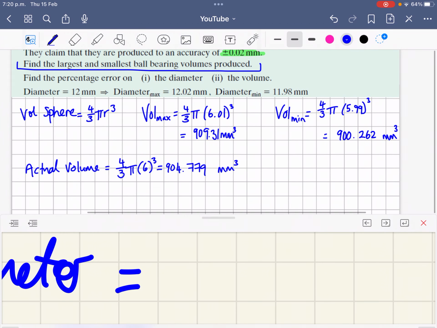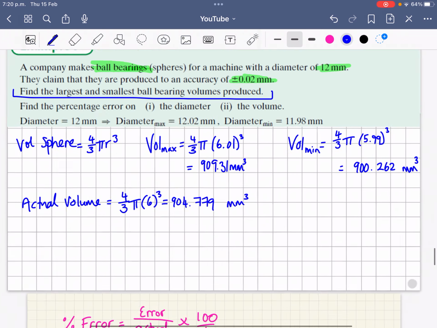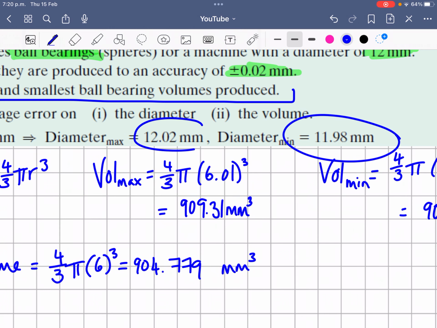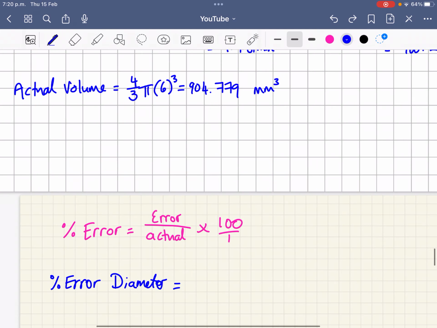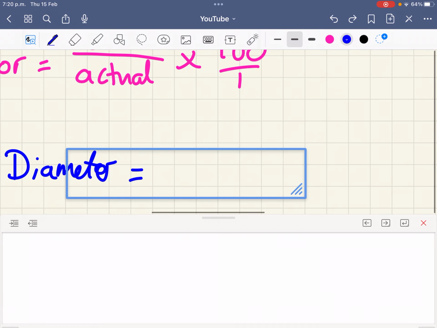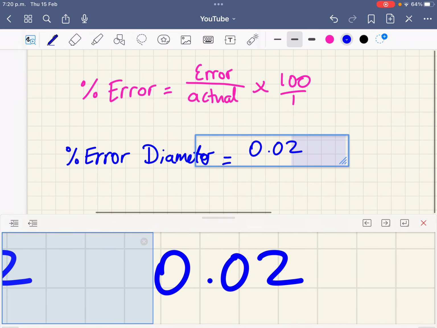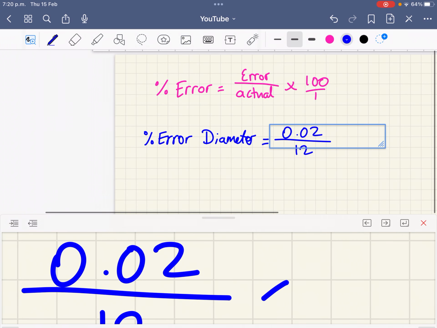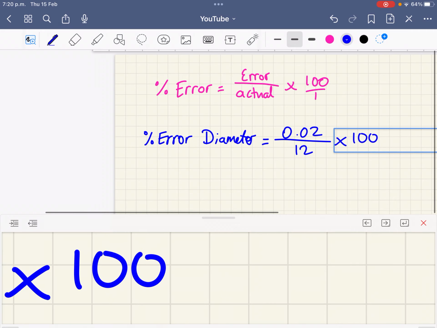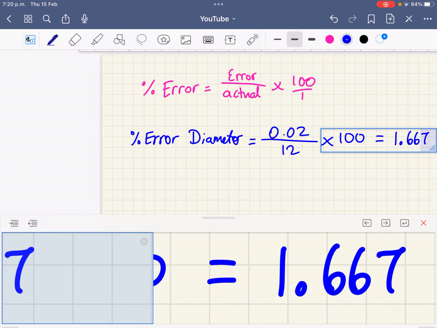So we have to take one away from the other. Actually, the difference between your maximum and your minimum is just going to be 0.02. So that is what you put on the top of your fraction, 0.02. The actual value is 12, over 12, and write it as a percentage. So we'll multiply it by 100, and that gives us 1.666 recurring. So I'll just write 1.7%.